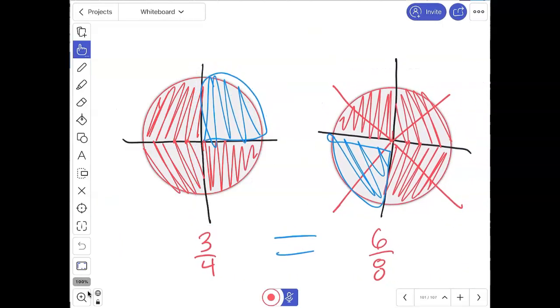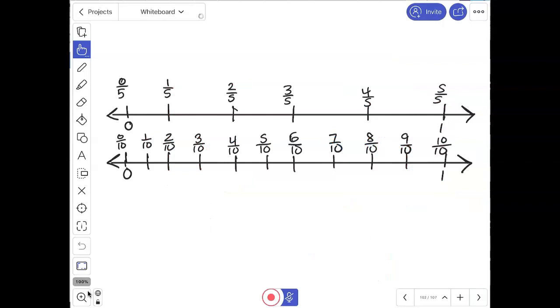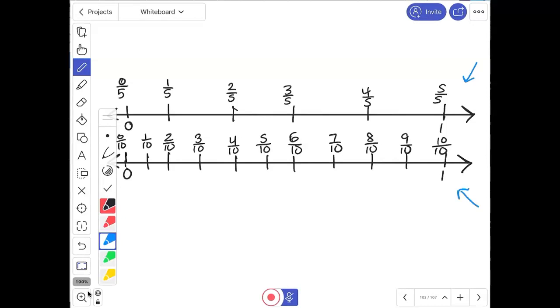Woo. Okay. We can also find equivalent fractions on a number line. For example, if I have two number lines, and one's broken into fifths, as this top one is, and the one is broken into tenths, like this bottom one is, I can see a lot of equivalent fractions. 1/5 and 2/10, they're equivalent.